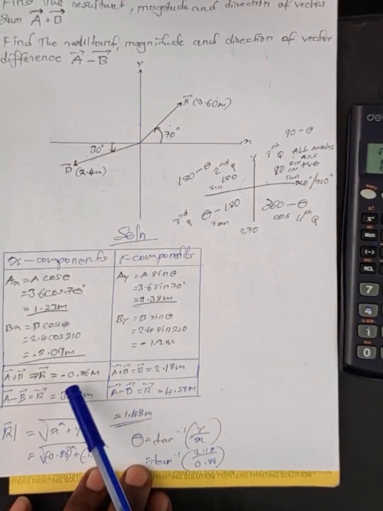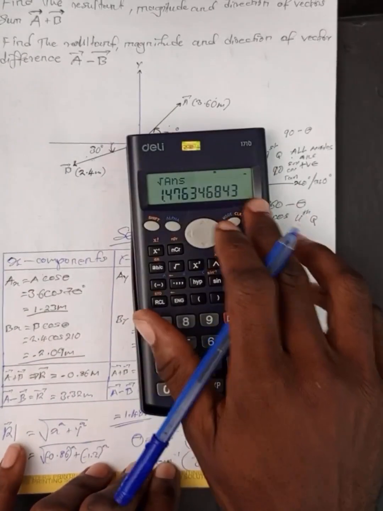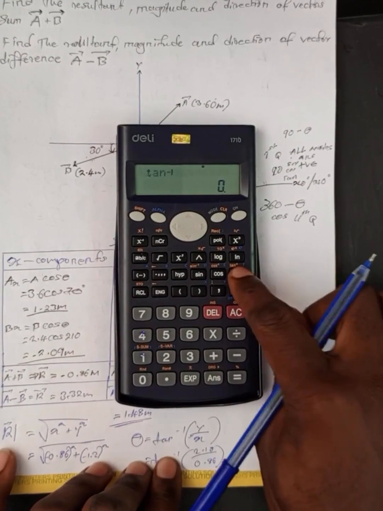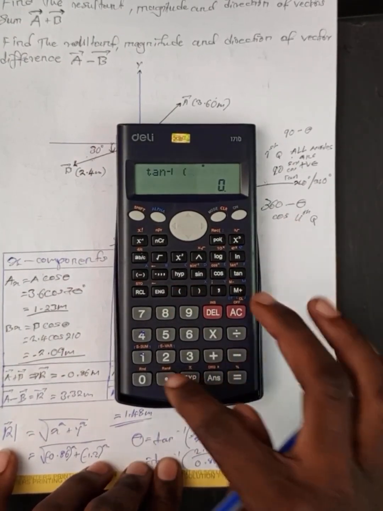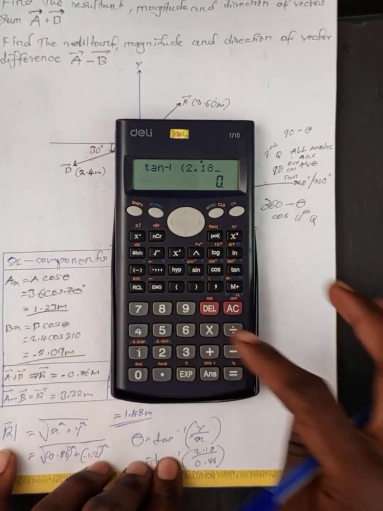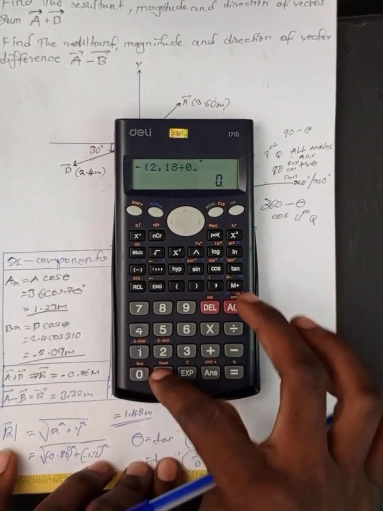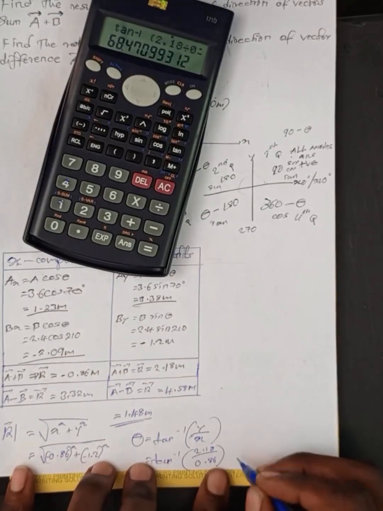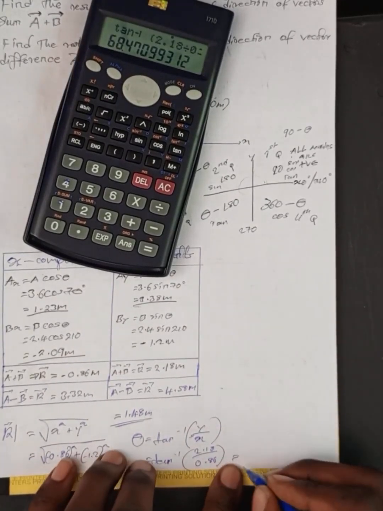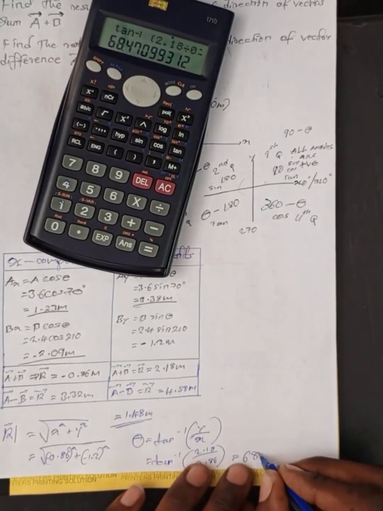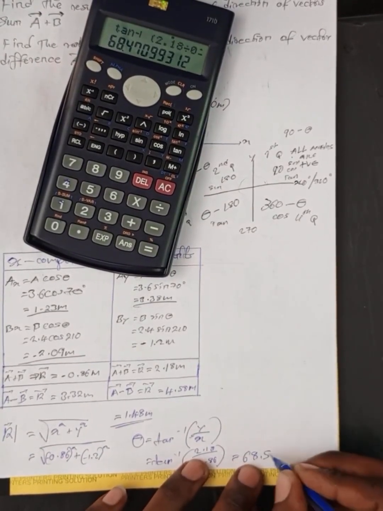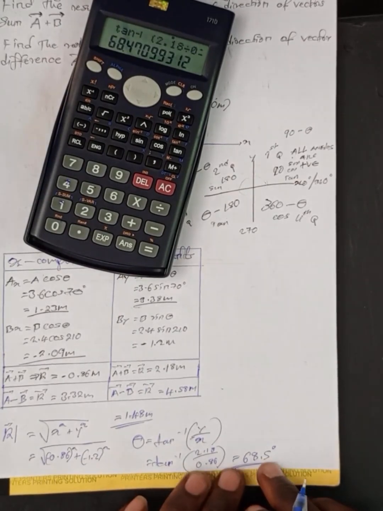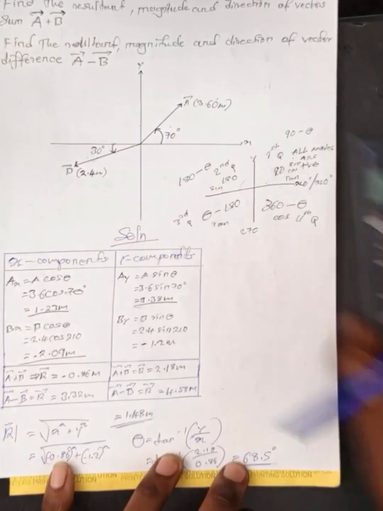You have to remove your negative from this number. So for tan inverse, you press shift then tan, open bracket, 2.18 then divide by 0.86. Okay, then you do that. So what are you going to have? You are going to have 68.5 degrees. Okay, so this is not your actual answer that you're looking for.